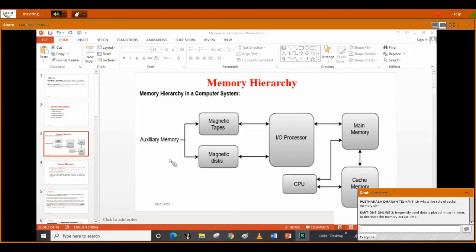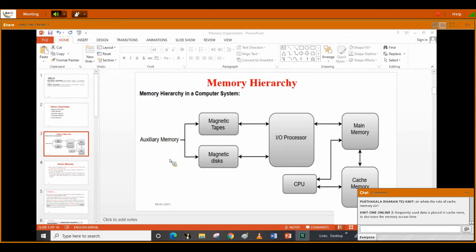So in total here we have three memories, and to represent this memory we use a diamond symbol, which we can also call a signal.